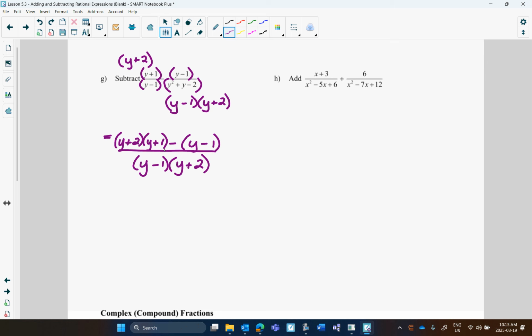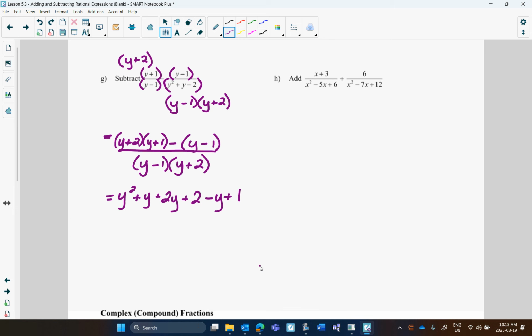So we've got a fair amount of work to do up top. So when I do my 4 multiplications, I get y squared plus y plus 2y plus 2, and then subtracting the second set of parentheses gives me minus y plus 1.